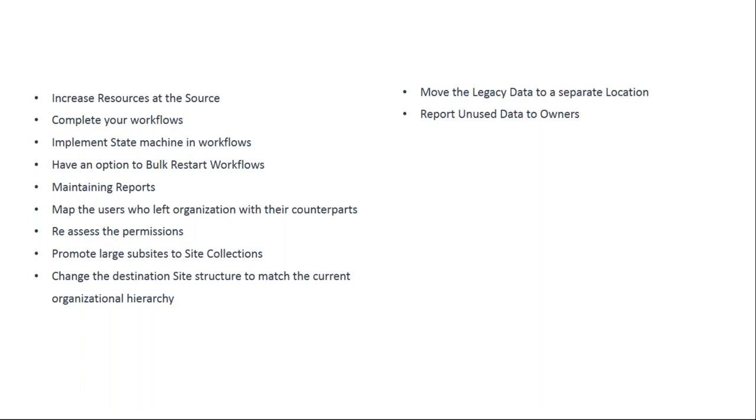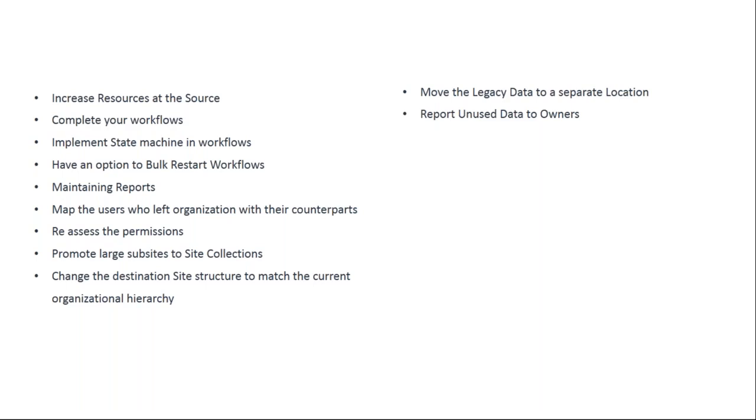So if you're seeing a migration in, say, the next quarter or so, you can migrate all your crucial workflows to implement a state machine in them. That way, even if you restart, you would not be starting from the beginning, so that users can start working where they left off.